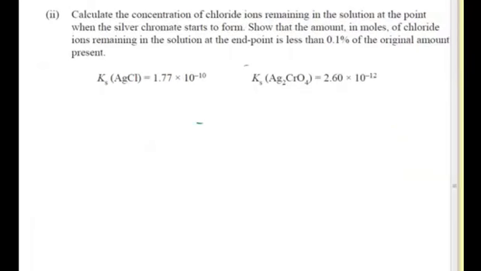Now, I wasn't quite happy with my explanation because I think there's more to this question than meets the eye. What is actually going on here? We're trying to find out the concentration of the chloride ions in 20 mils of water. We're adding silver nitrate to it.